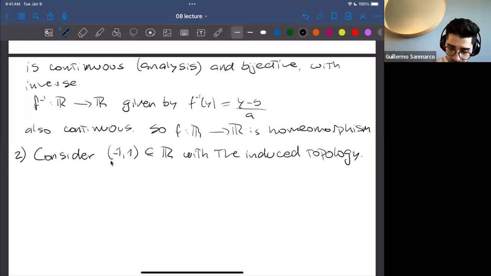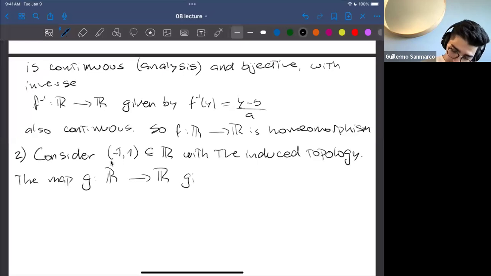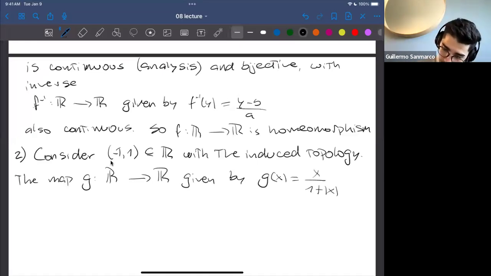So let's take this function, let's call it G, from the reals to the reals. In principle, let's say G of x is going to be this normalized version of x, so x divided by 1 plus the absolute value of x.